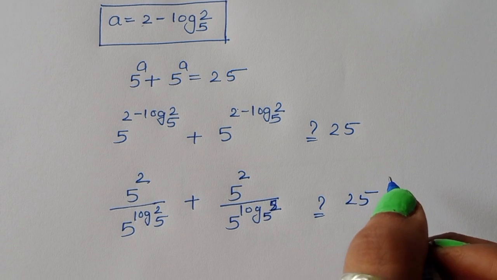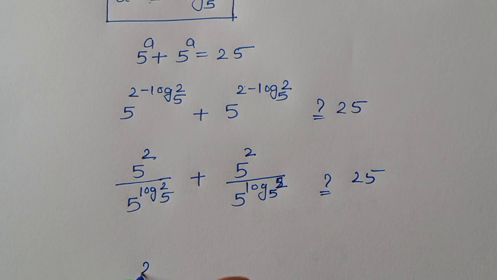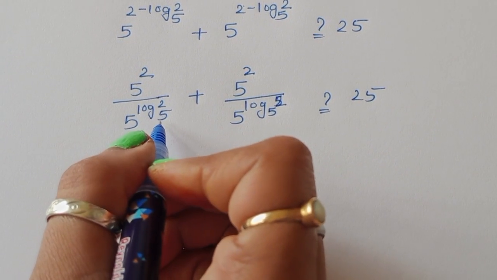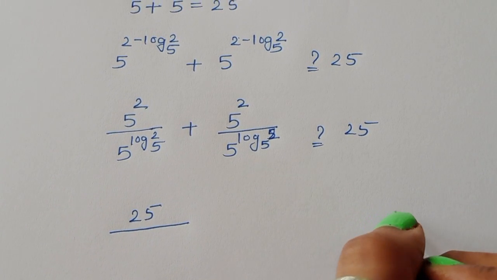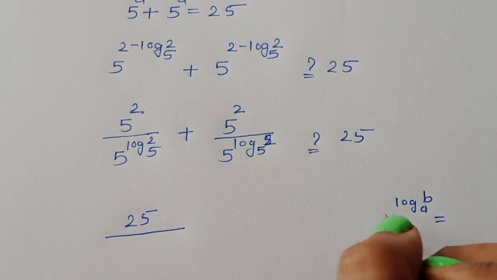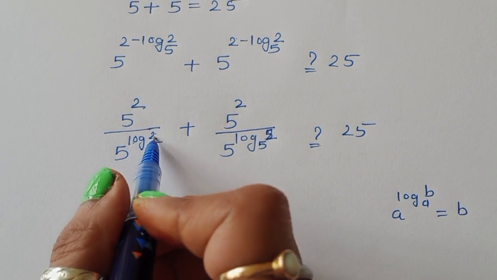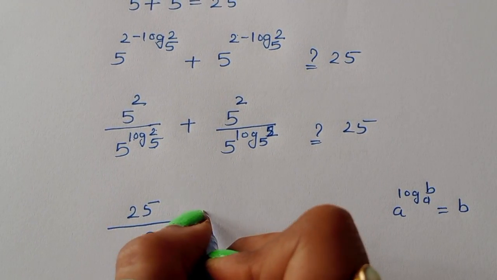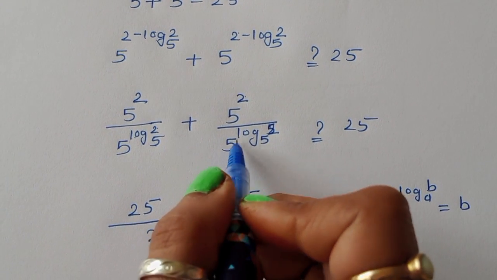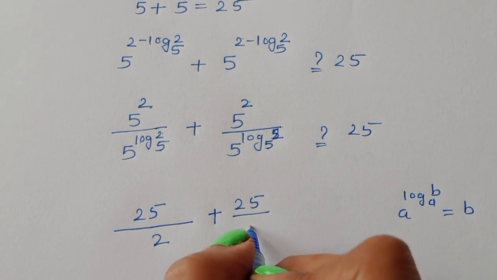Now 5^2 becomes 25. We know one formula: if a^(log of b to the base a) is given, the value is b. So 5^(log of 2 to the base 5) has value 2. It becomes 25/2 plus 25/2, and the same for the other term.